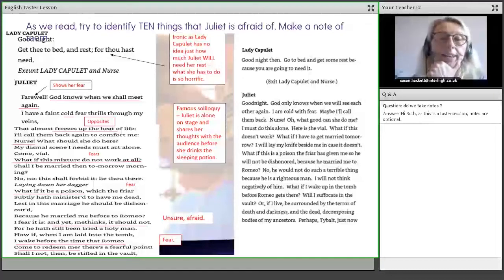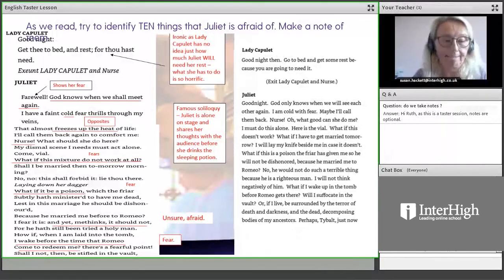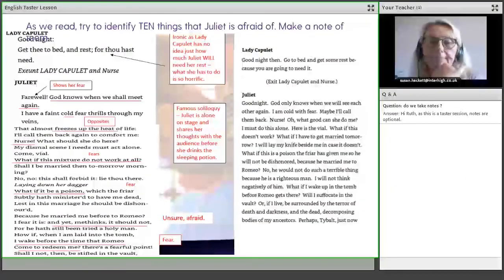No, he would not do such a terrible thing because he is a righteous man. I will not think negatively of him. What if I wake up in the tomb before Romeo gets there? Will I suffocate in the vault? Or if I live, be surrounded by the terror of death and darkness and the dead, decomposing bodies of my ancestors? Perhaps Tybalt just now.